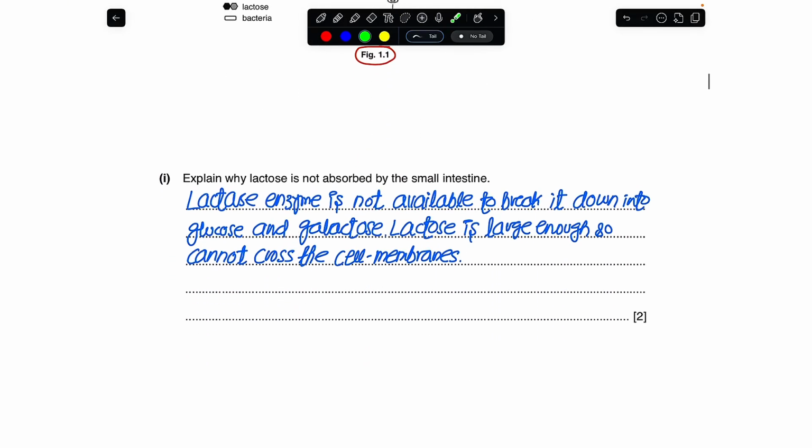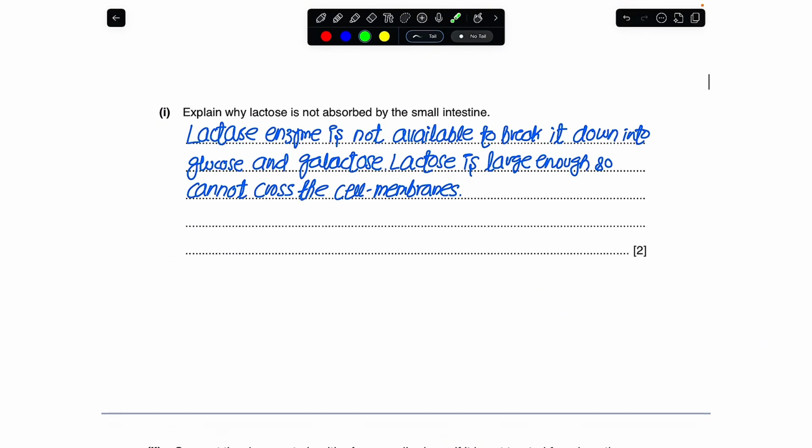Now let us see what the examiner is asking you. For the first 2 marks, you are required to explain why the lactose is not absorbed by the small intestine.